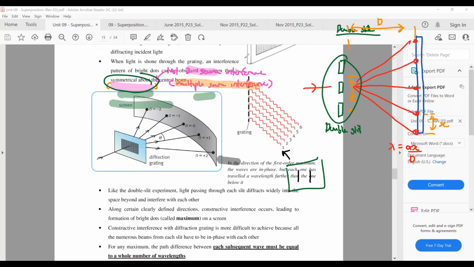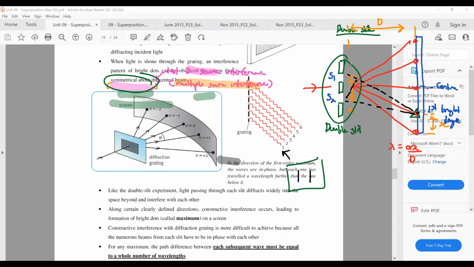If you recall from the double slit experiment, this one was your center line. This one is my first bright fringe. So if this is my double slit with slit 1 and slit 2 here, under the concept of path difference that I explained to you, waves from S1 and S2 will arrive at this point and interfere constructively to give you that bright fringe.